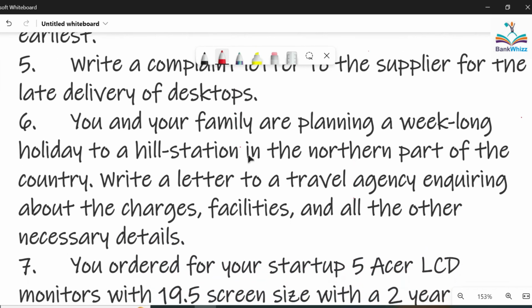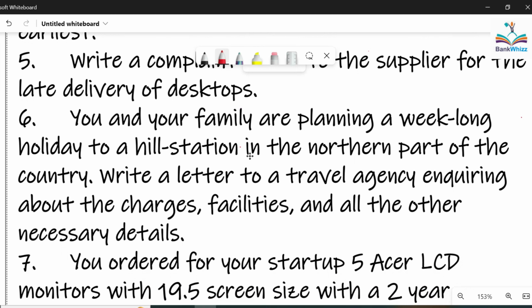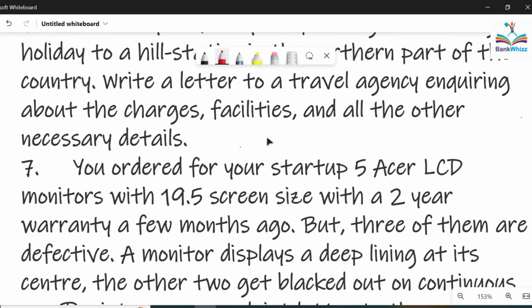Friend, the sixth one is: you and your family are planning a week long holiday to a hill station in the northern part of the country. Write a letter to a travel agency inquiring about the charges, facilities, and all other necessary details.